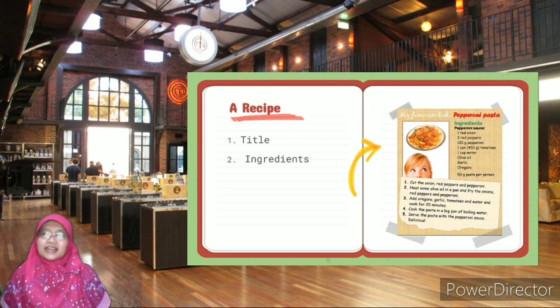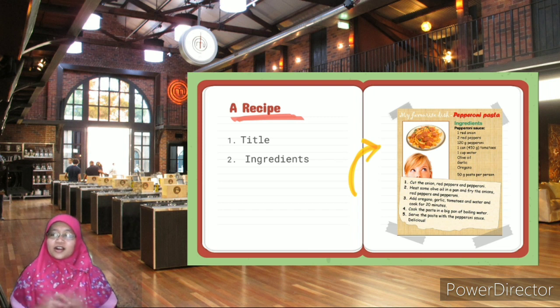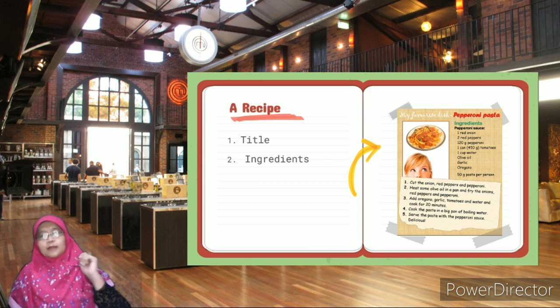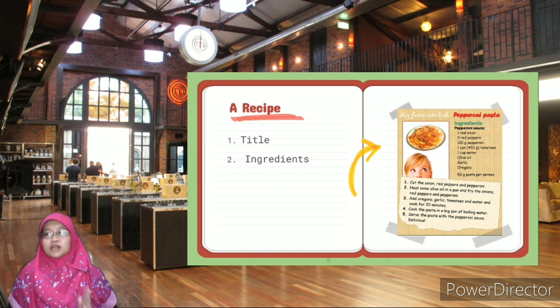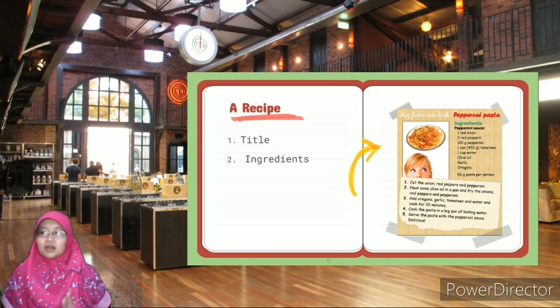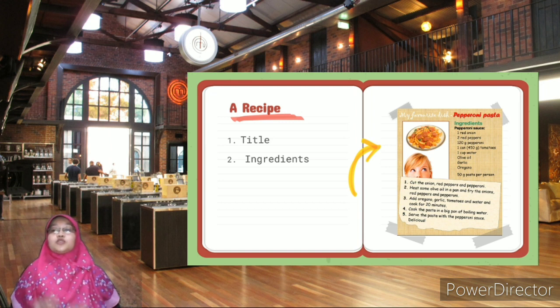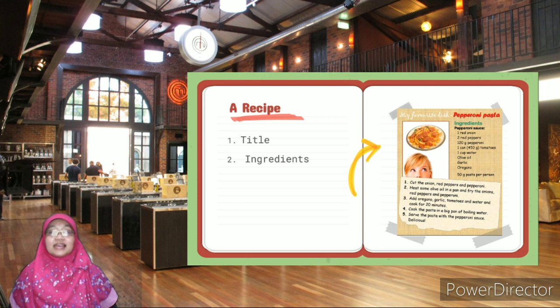So can you count how many ingredients are there? First, we've got the red onions, 2 red peppers, 120 grams pepperoni, 1 can of tomatoes, 1 cup water, olive oil, garlic, oregano, and 50 gram pasta per person. So those are the ingredients. And the last one is the steps.